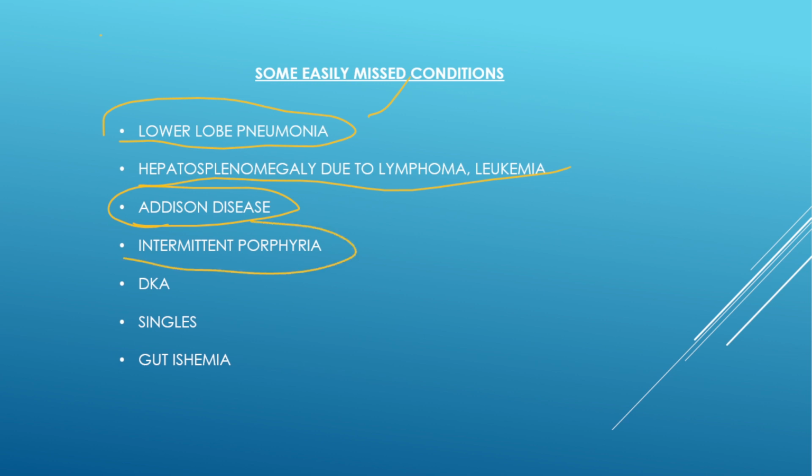Acute intermittent porphyria can present with abdominal pain, numbness in the hands and feet. Also ask about hyperglycemia, as diabetic ketoacidosis can present with abdominal pain. Shingles can present with abdominal pain, so also ask about any eruption on the abdomen.